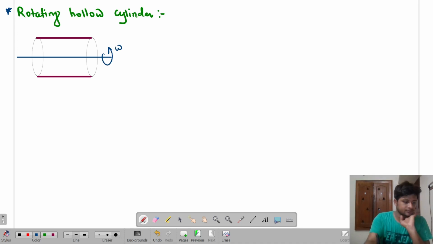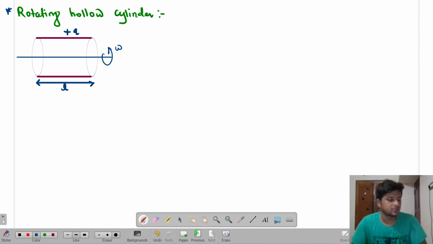Let's suppose it has some charge q on the curved surface and the length of the cylinder is L, then find the magnetic field and electric field.